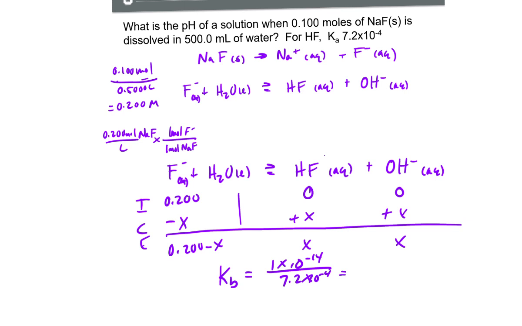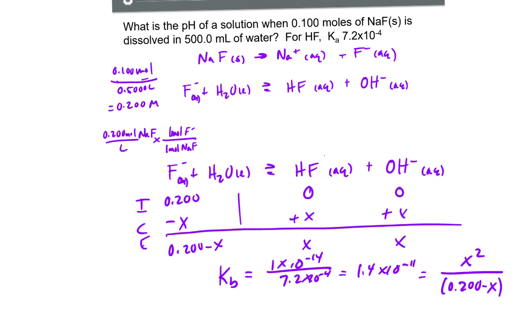And that value is 1.4 times 10 to the minus 11. We're going to have that equal to concentration of products at equilibrium, x times x, or x squared, divided by concentration of reactants at equilibrium, 0.2 minus x.